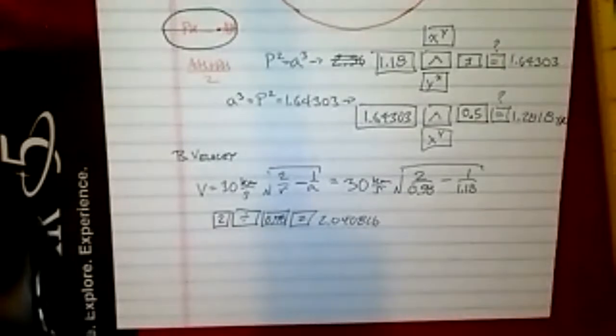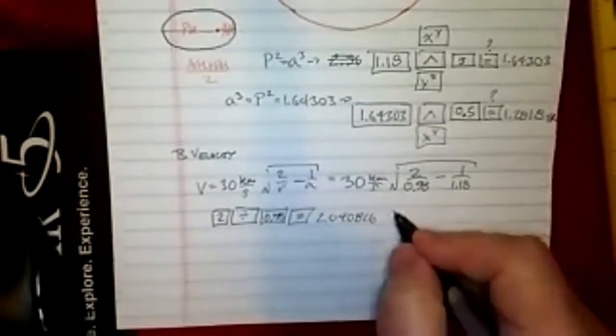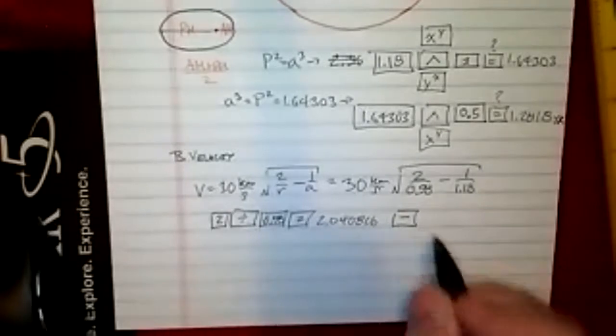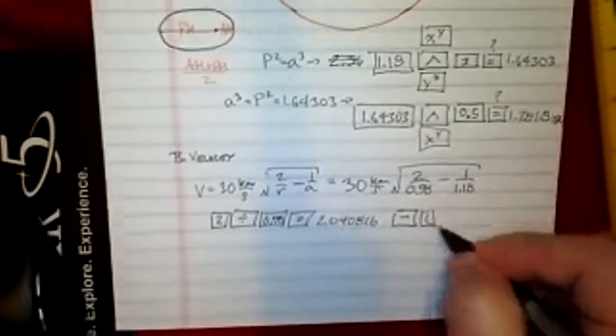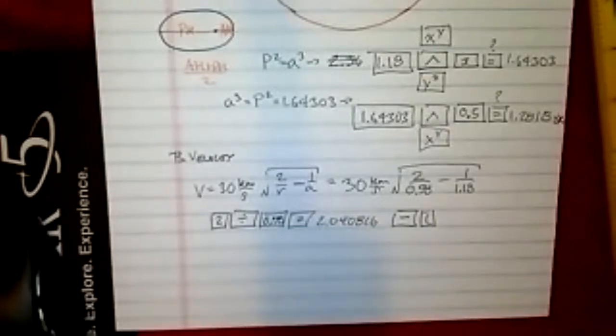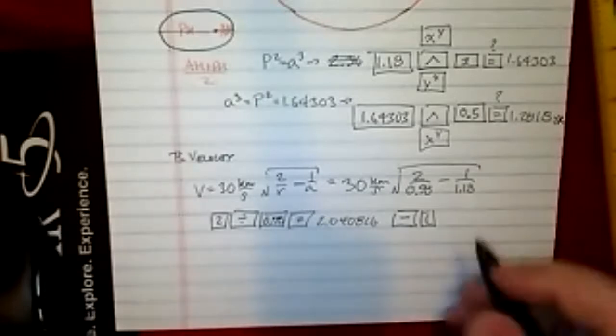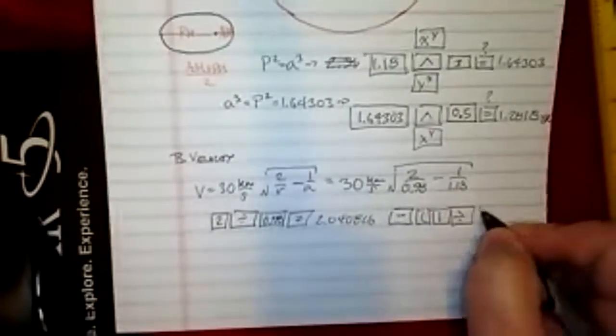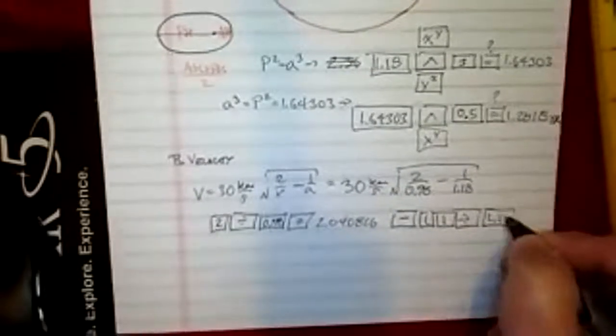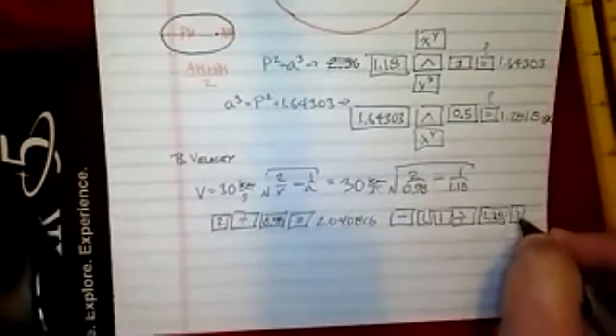Okay, now I'm going to do minus. In other words, just leave that right there on the screen. Minus, now I'm going to type a left parenthesis just to make sure I'm being careful with my order of operations, and then I'm going to type in 1 divided by 1.18, and then right parenthesis.